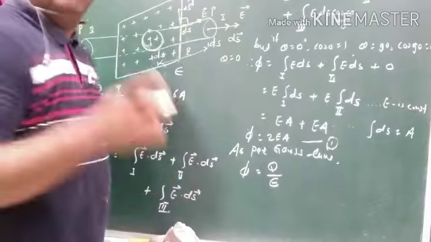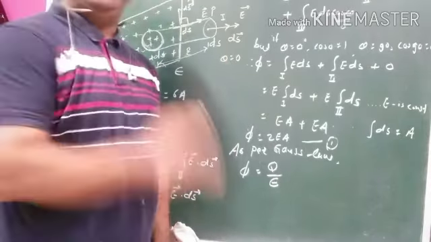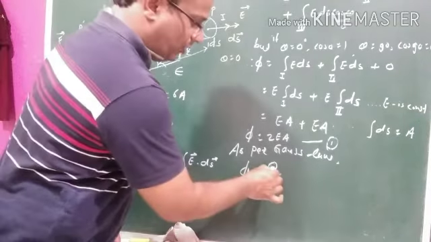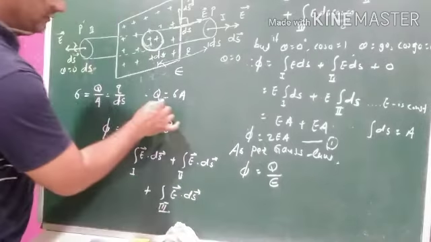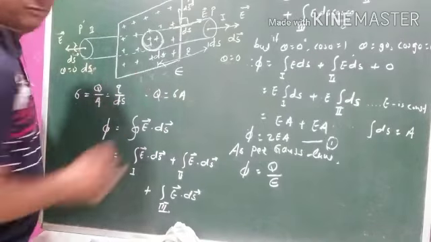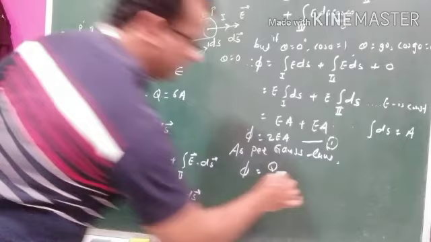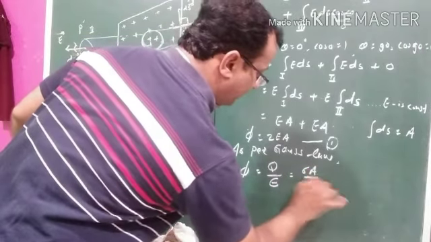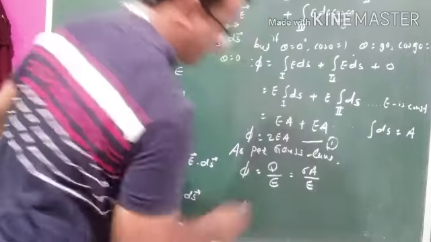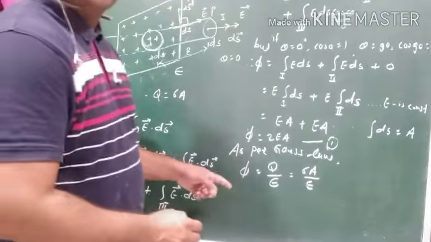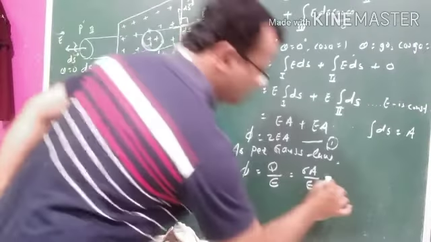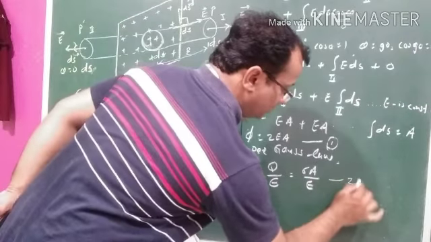Here epsilon represents the permittivity of the medium, right? But here the value of charge, from this equation, is charge equal to sigma into A. If we substitute that, we get sigma A upon epsilon, right? So this will be the statement of Gauss theorem. Suppose this is equation number 2.